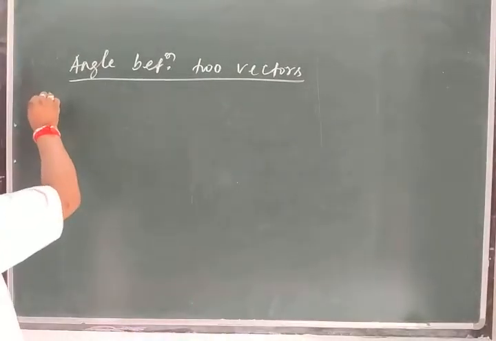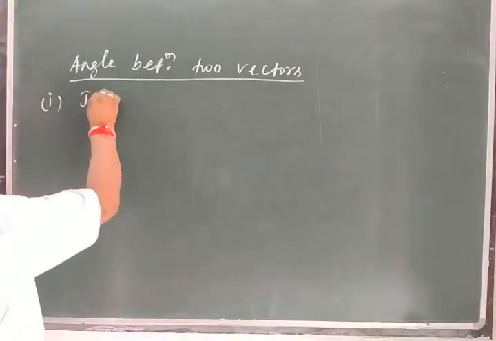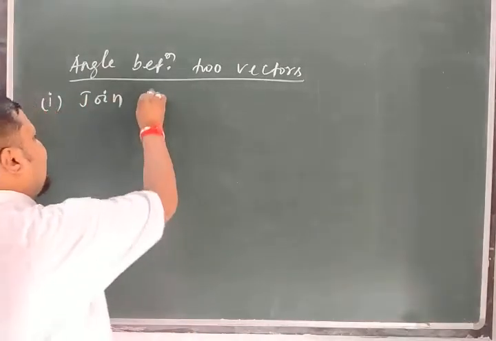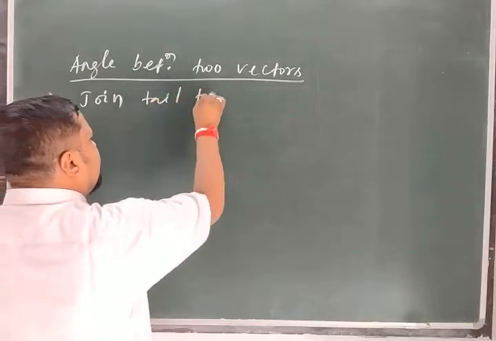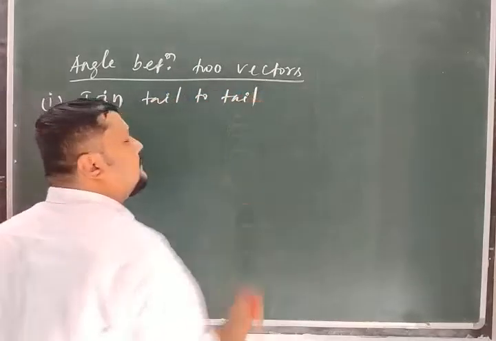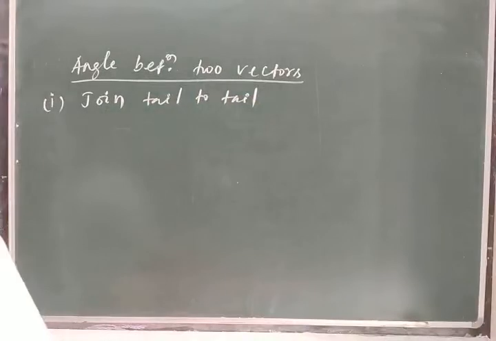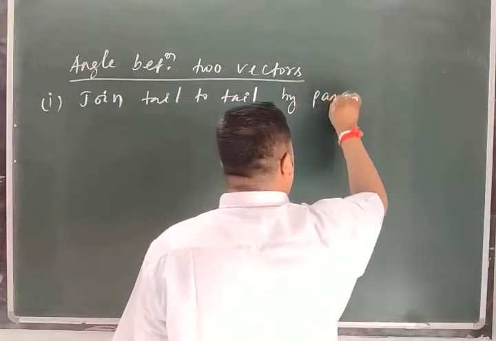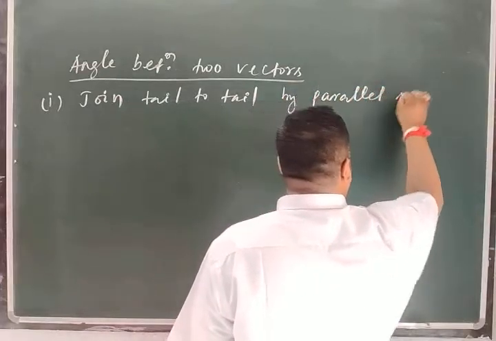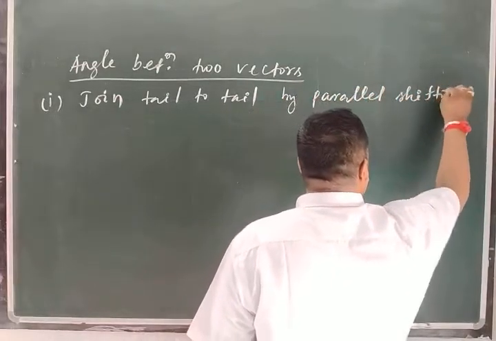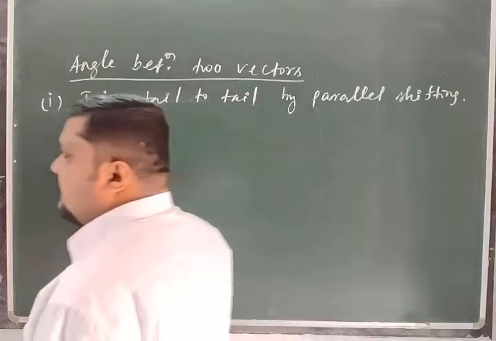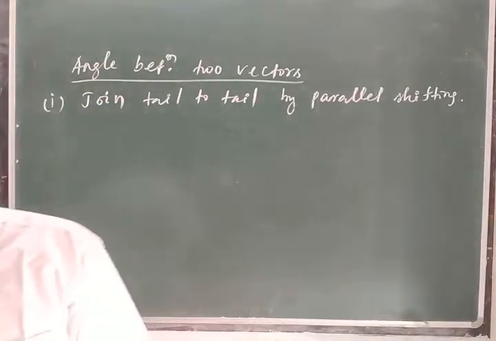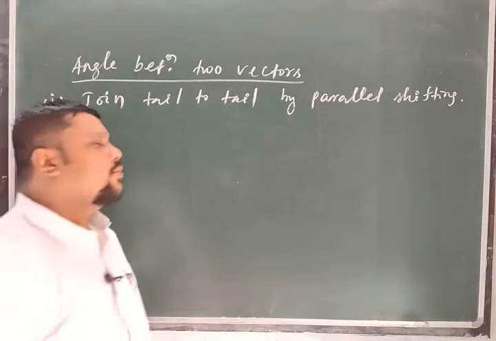To find the angle between two vectors, join tail to tail by parallel shifting. This rule you always follow to find the angle between the two vectors.